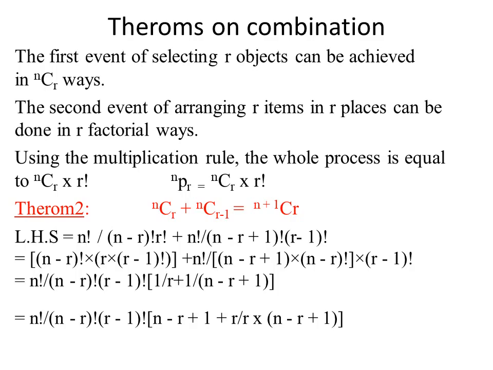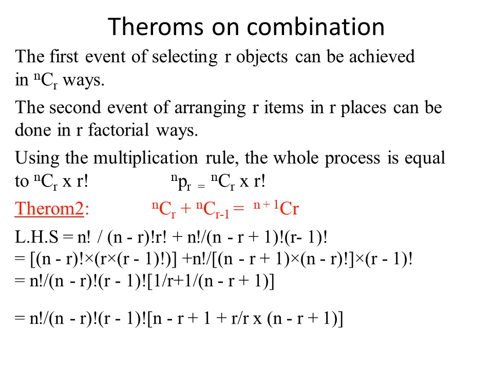For theorem 2, we have nCr plus nC(r minus 1) is equal to (n plus 1)Cr. For this we take the LHS: n factorial over (n minus r) factorial into r factorial plus n factorial over (n minus r plus 1) factorial into (r minus 1) factorial.